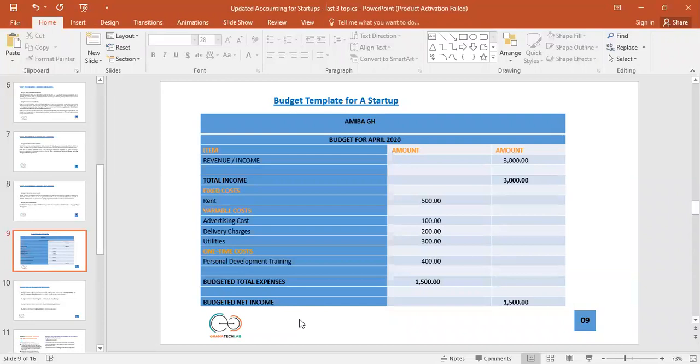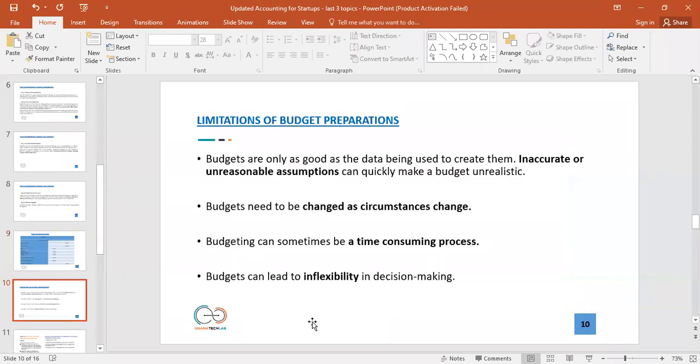So if your actual spending is more than the budgeted, it's called overspending. If the actual spending is less than the budgeted, it's called underspending. So when you finish, you can create a report for yourself.